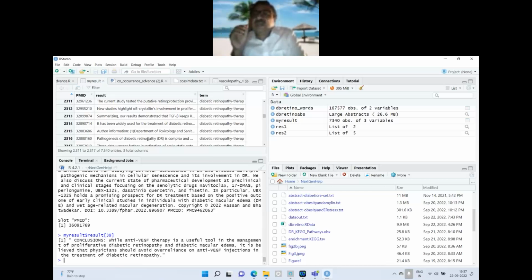Okay. And the words which have medical meaning like treatment, diagnose, therapy, we are able to get different phases of the knowledge of diabetic retinopathy.